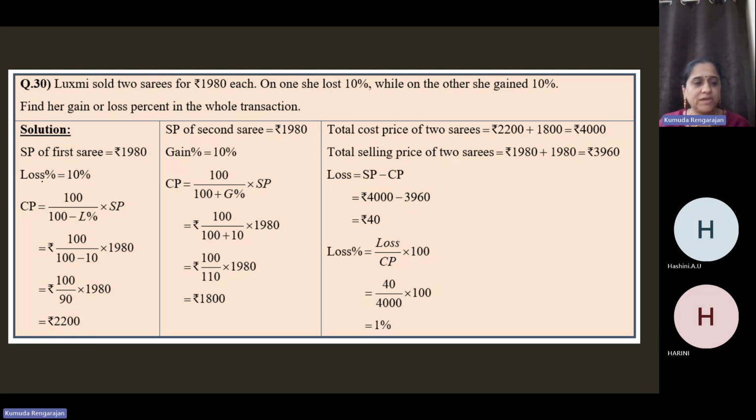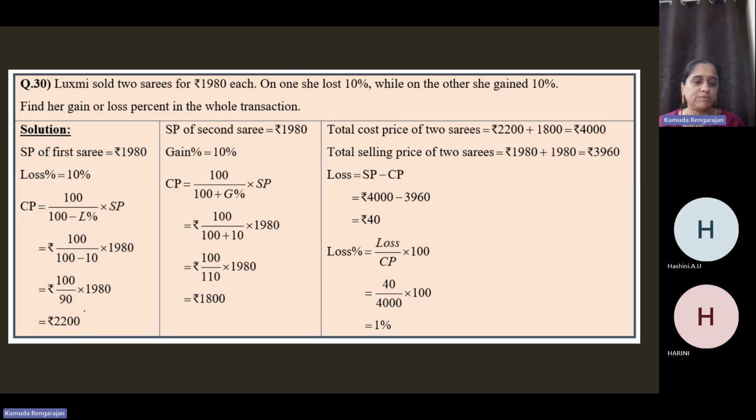When it is SP and loss, it is 100 by 100 minus loss percent into SP. When you have SP and gain percent, it is 100 by 100 plus gain percent into SP. Use the formula correctly and find the CP in both the cases.